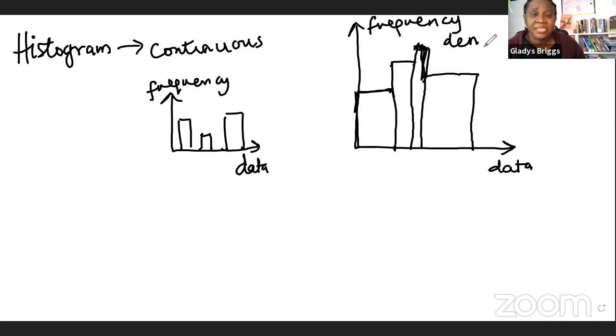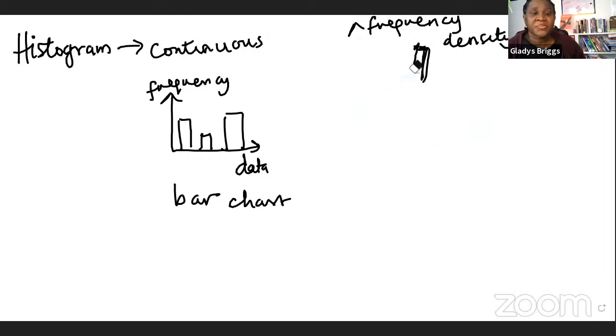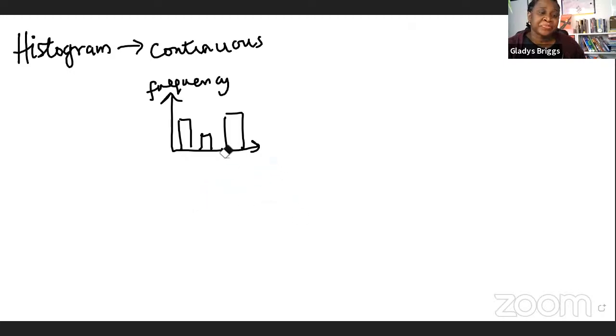Frequency density. Okay, and we'll get to that now. So that's the difference between a bar chart and a histogram. This one is mostly used to represent continuous data, and we plot the frequency density against the data.